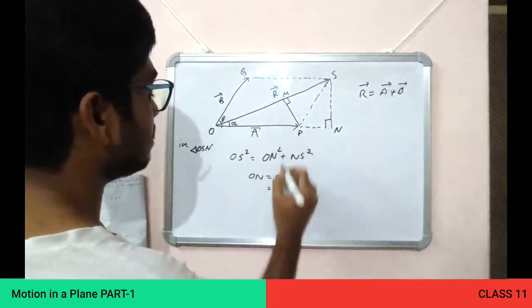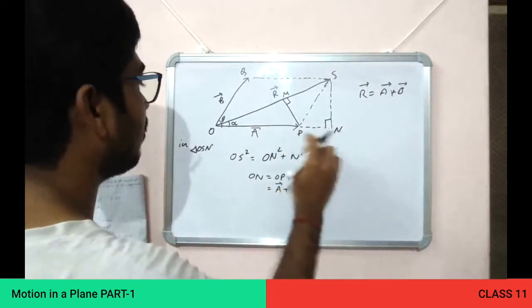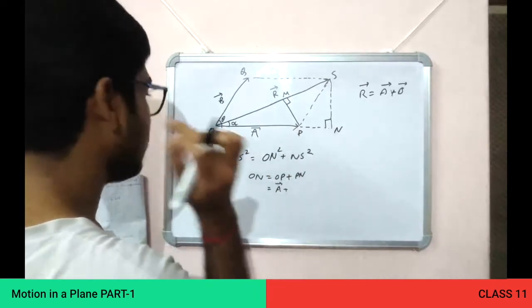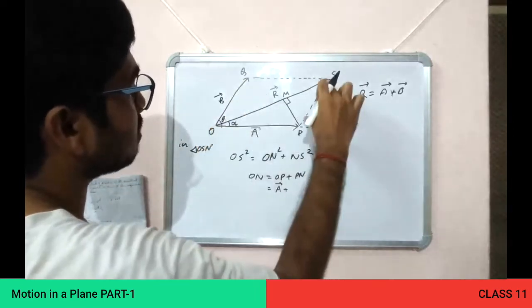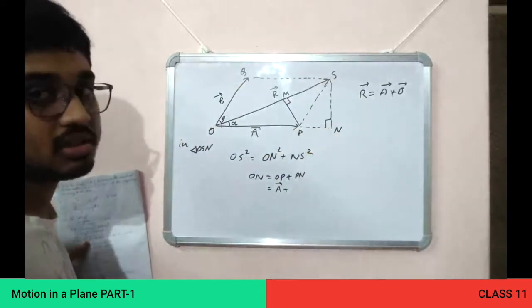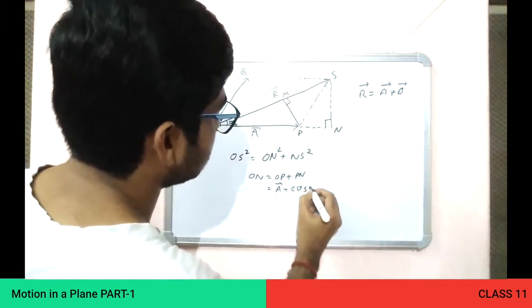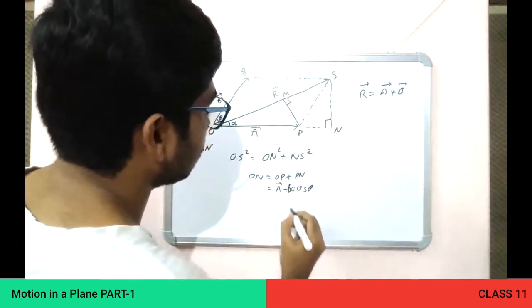And OP is A vector plus PN. What is this? This is our B. And according to the trigonometric calculation, this PN is B cos theta.